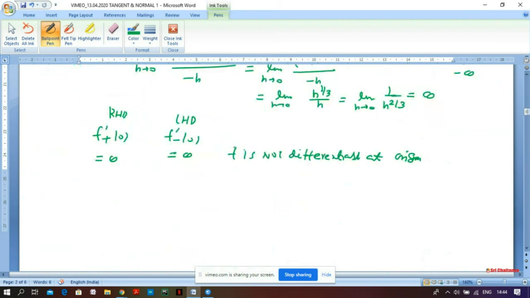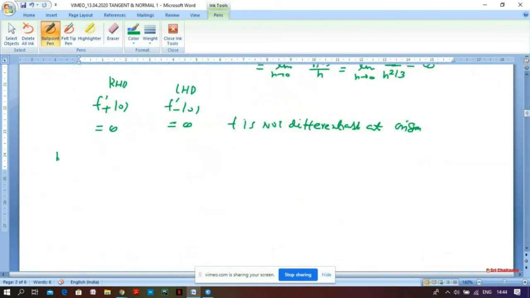So that's a plain example. You are getting this one. Similarly, if I consider f of x is negative x to the power 1 over 3, the same example, you will find now that f prime plus 0 becomes negative infinity and f prime negative 0 becomes negative infinity.